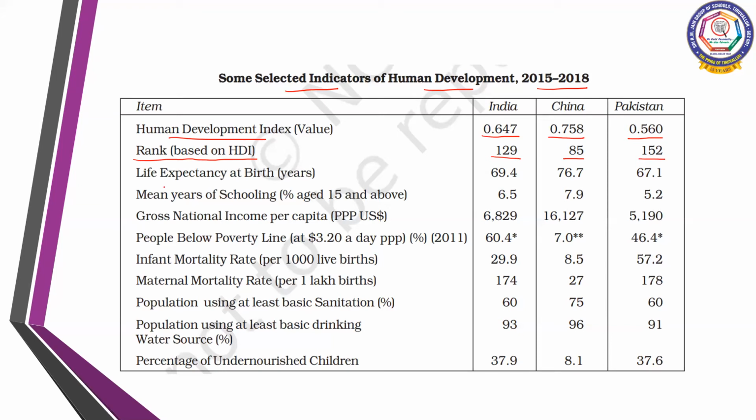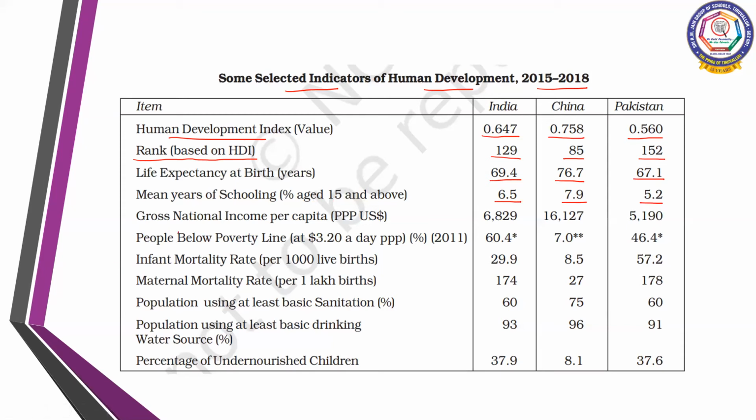Life expectancy at birth is the highest in China at 76.7, followed by India at 69.4, and then by Pakistan at 67.1. The mean years of schooling, percentage aged 15 and above, is the highest in China at 7.9, whereas India's is 6.5 and Pakistan's is 5.2.